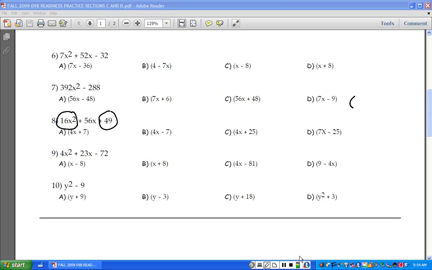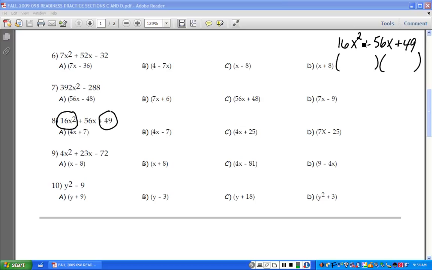Tell yourself that when you see perfect squares as the first and last term, it's typically not by accident, it's intentional. So if we know we're dealing with perfect squares, let's jump straight to their square roots to factor.